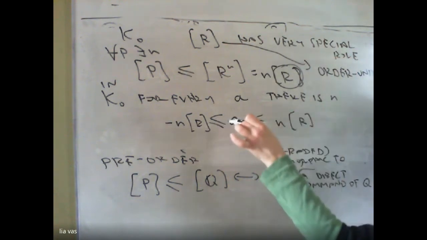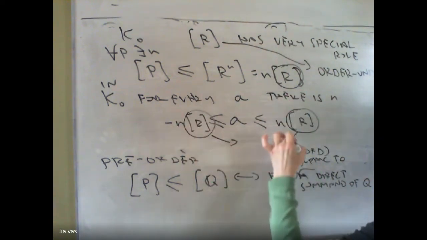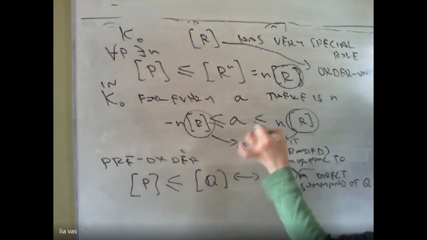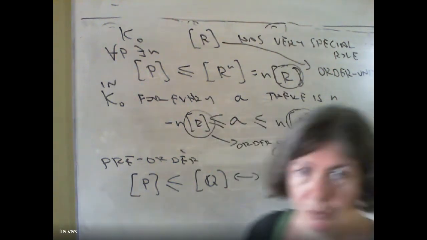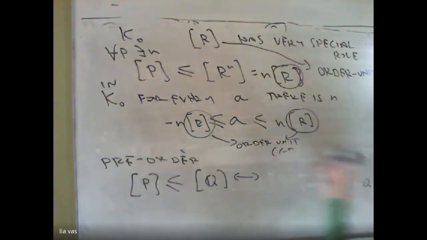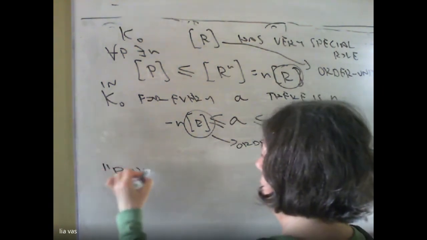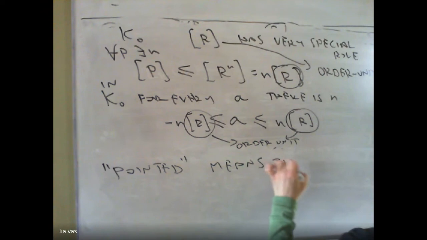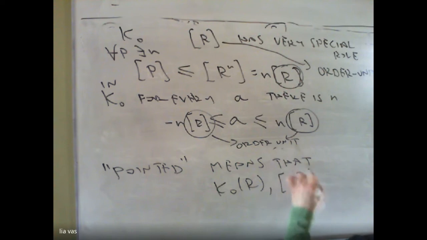And if you are in a group, this is an order unit, if you can pretty much squeeze every element in this type of interval determined by the order unit. So when you say pointed, and I'm going to go to the graded case in a second, that just means that your K0 is considered with some special order unit.